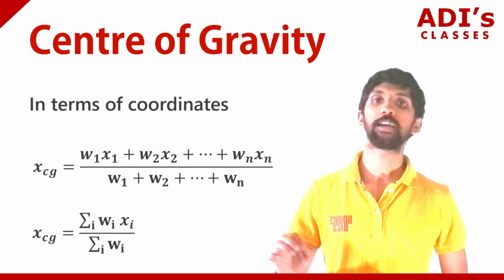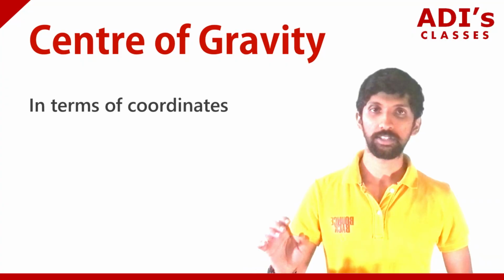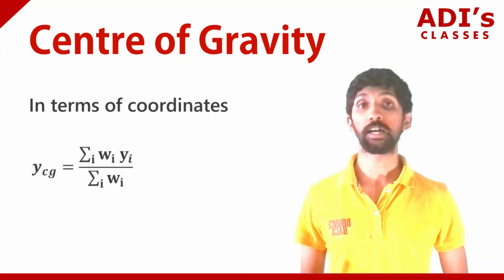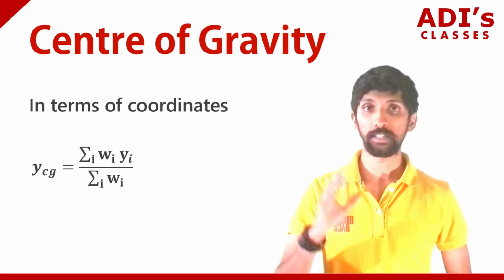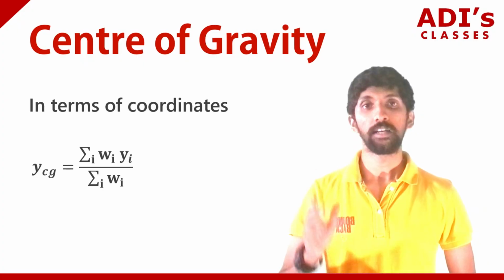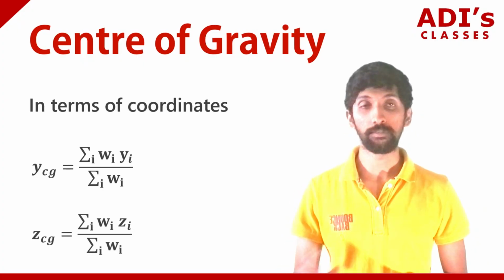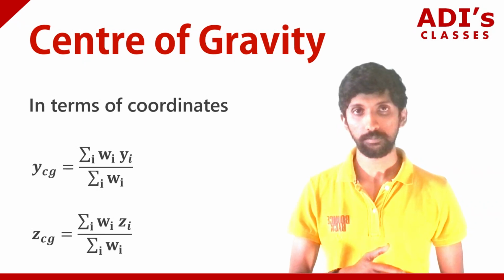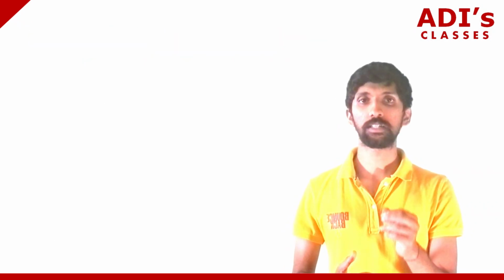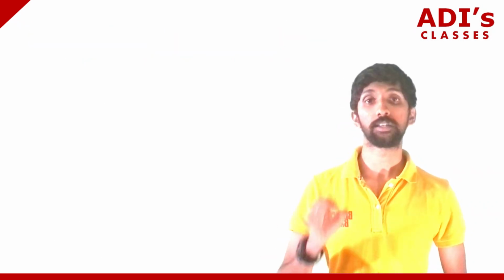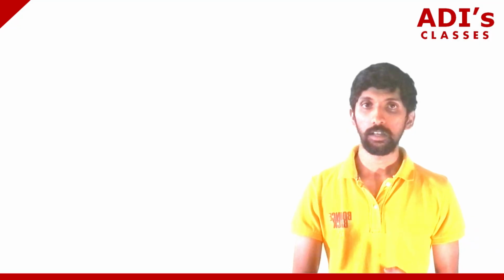Similarly for y, ycg is sigma Wiyi divided by sigma Wi, and zcg is equal to sigma Wizi divided by sigma Wi. So this gives us the position of the center of gravity, right?